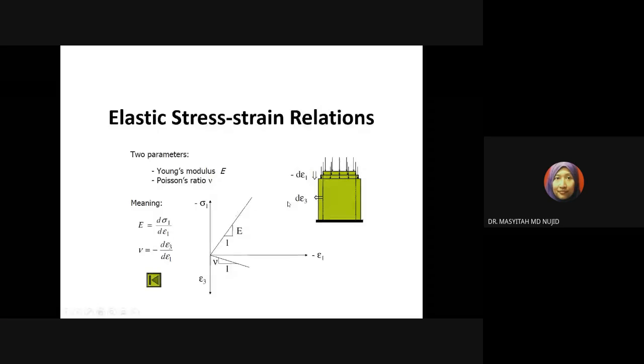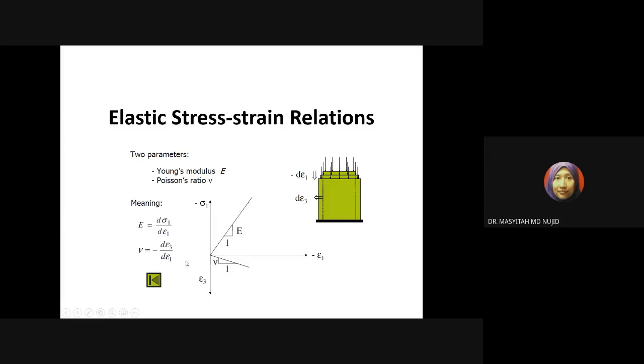Sorry for these interruptions. So let's say on the first slide of this chapter, there are two important parameters in the elastic stress-strain relation, which are Young's modulus E and also the Poisson's ratio. If you have a relation between sigma and epsilon, you might find E on the tangent of the gradient of the curve.